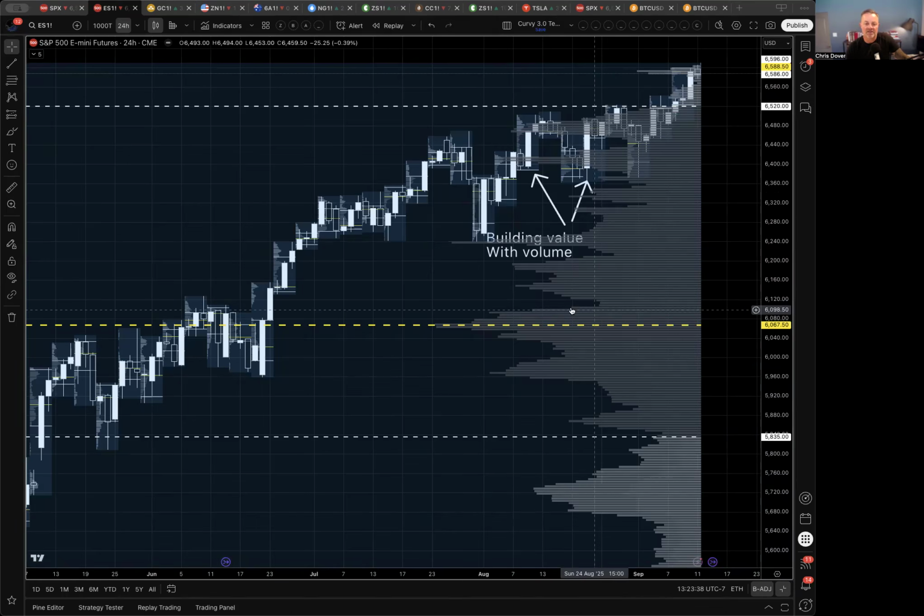And so until something changes that uptrend, we just have to consider that there will be weakness all along the way. And as there is, we want to be buying or looking at how things react into that.